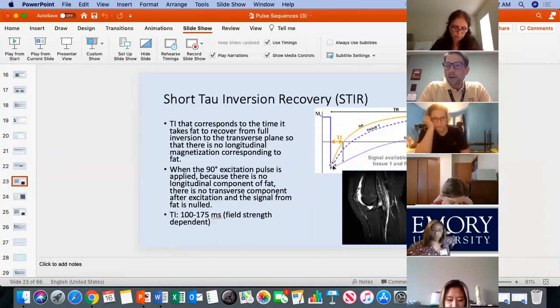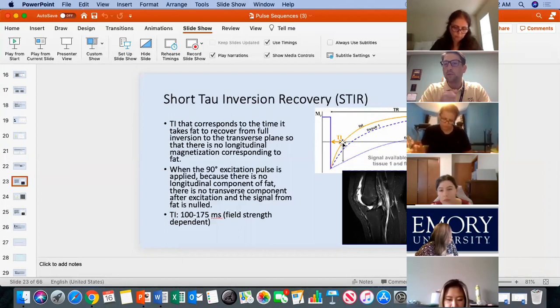So knowing that, we set a very short TI time that corresponds with when that fat recovery curve crosses that transverse axis. So this x-axis right here is our transverse axis. So when fat crosses that axis, boom, we start that pulse sequence with that 90 degree excitation pulse.